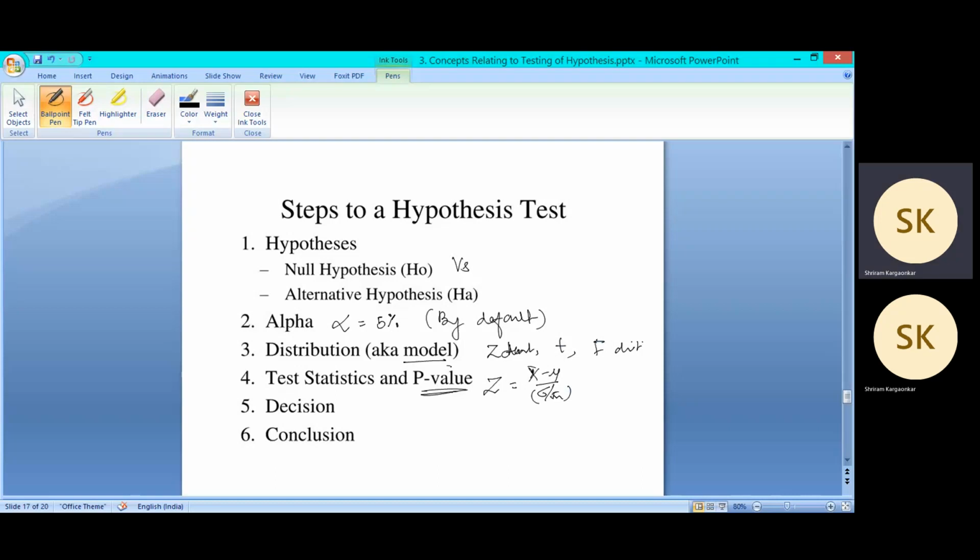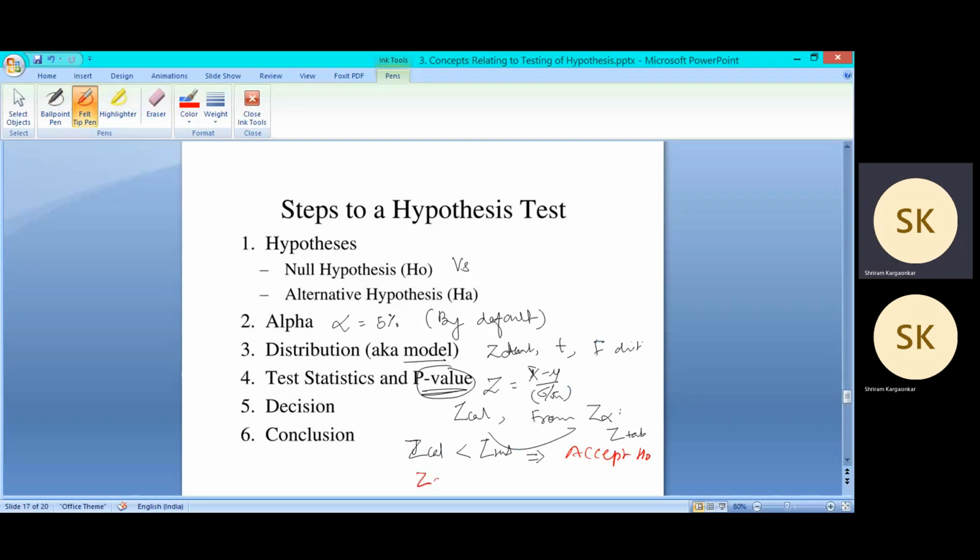Now the p-value will not be available, but we will be using the critical value criteria. You get the calculated value, and then from the statistical table you get the critical value, and you compare both. If the calculated value is less than the table value, Z alpha, the Z table value, our decision is to accept H naught.